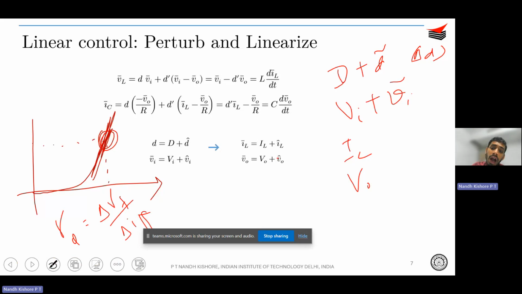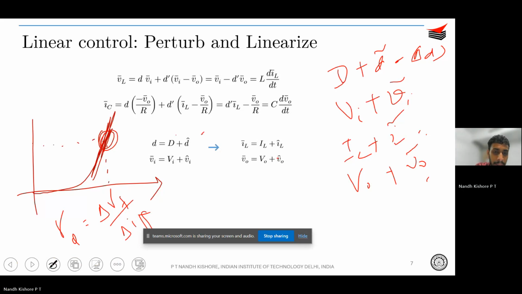Then how is my I_L going to change, or my V naught? I assume that for a small change in duty, the change in inductor current and output voltage are also going to be linear. So D is equal to D plus D tilde.